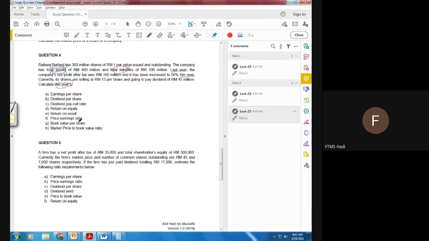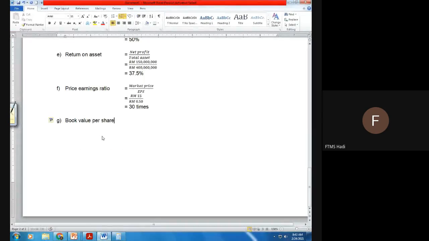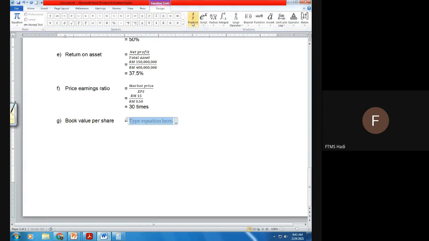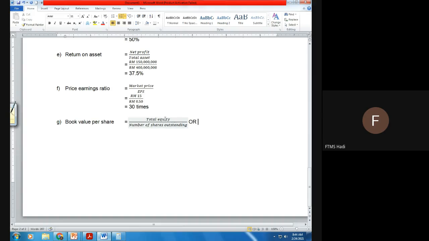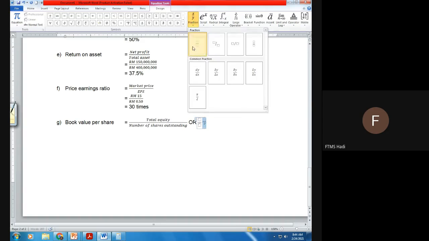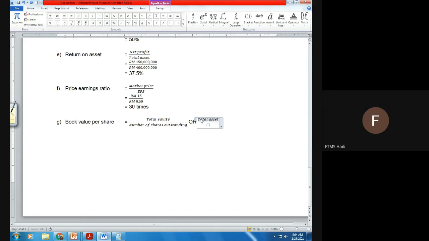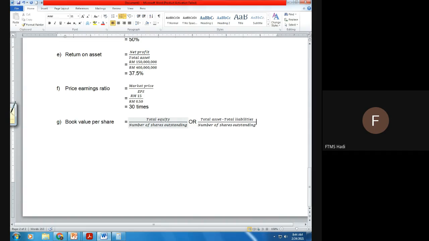Okay, next question, book value per share. The formula will be total equity divided by number of shares outstanding. Earlier we talking about dia tak bagi total equity indirect kan. Don't worry, I provide to you the extension of this formula. Kembangkan formula ni. To find total equity, that means total asset minus total liability divided by number of shares outstanding. Maksudnya, in order to find total equity, you need to do total asset minus total liability.